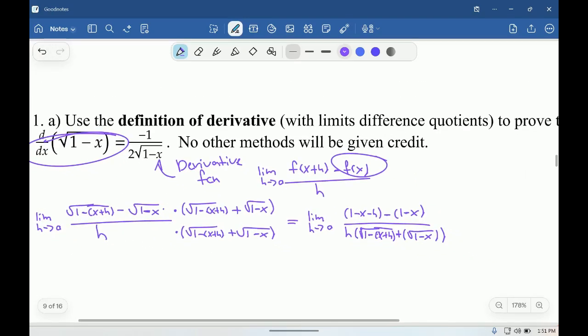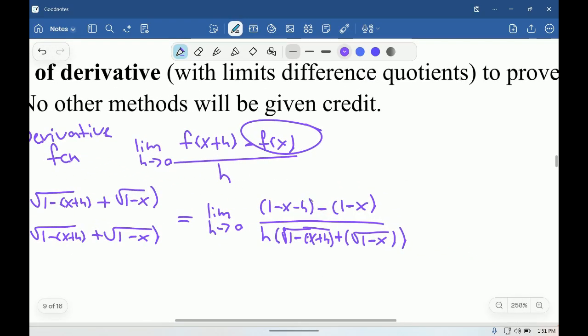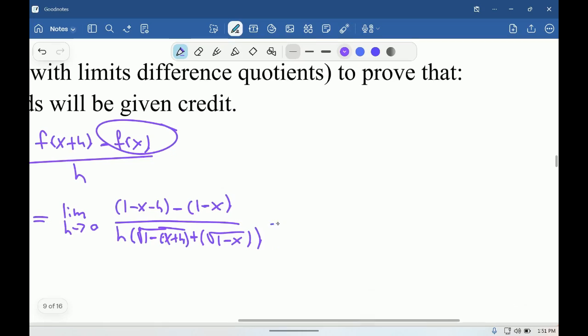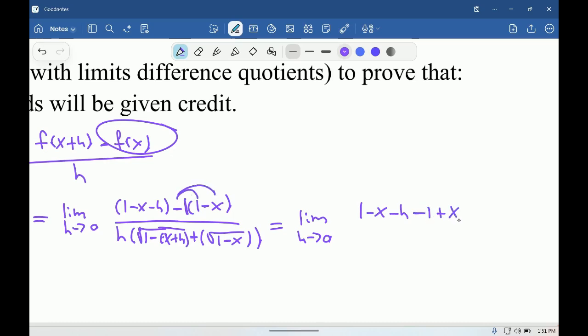Okay. From here on, we're going to just take the parentheses out and simplify likewise. x plus h. And we want to remember that this is technically a negative 1, so we would distribute this, so it would be minus 1 plus x, and the bottom would just stay the same.